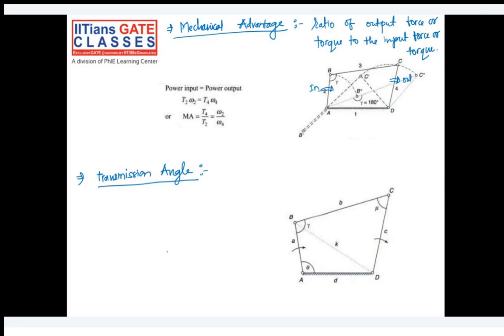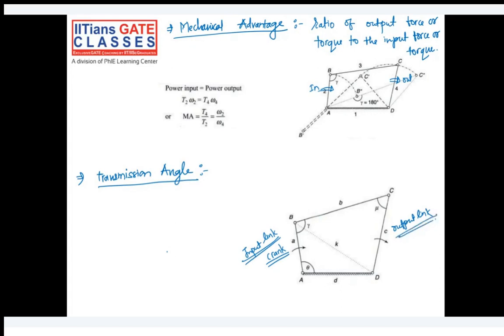Okay, so in a mechanism we have a crank. This is the crank. Okay, the link with the shortest length, we call it a crank, and for example, you can call this a crank or input link also. The C is, let's say, the output link, or rocker you can say, and the link which joins the input and output link, we call it a coupler.